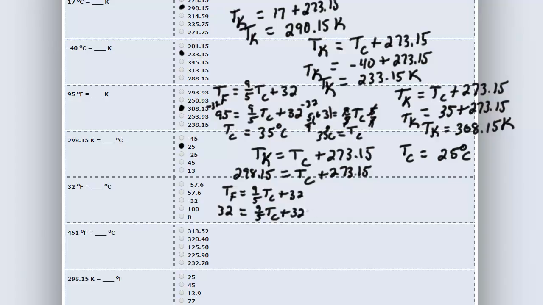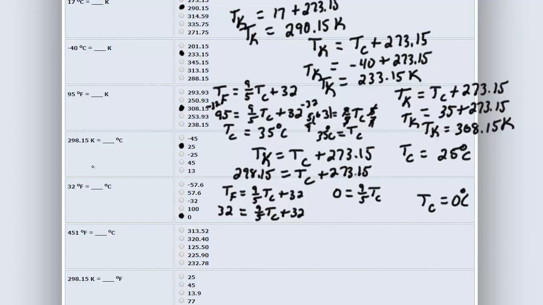If we subtract 32 from both sides, we'll get 0 is equal to 9/5 of the temperature in Celsius. Notice that when we multiply by 5/9 on both sides like we did up here, 0 times 5/9 is going to give us 0. So the temperature in Celsius is equal to 0 degrees. And you probably already knew that.